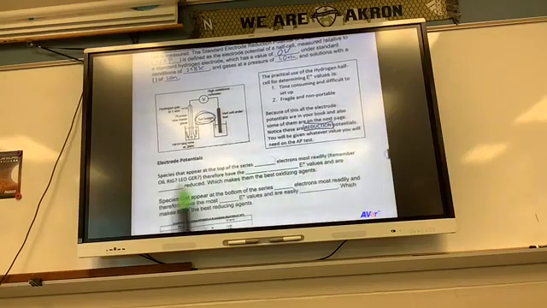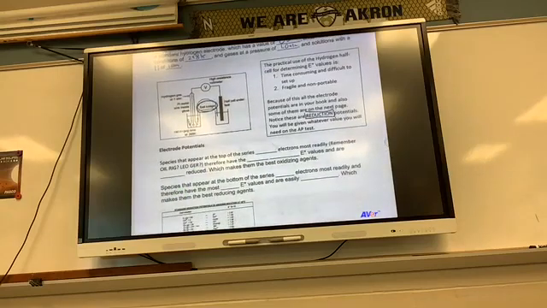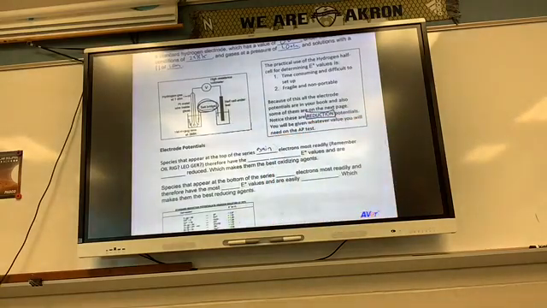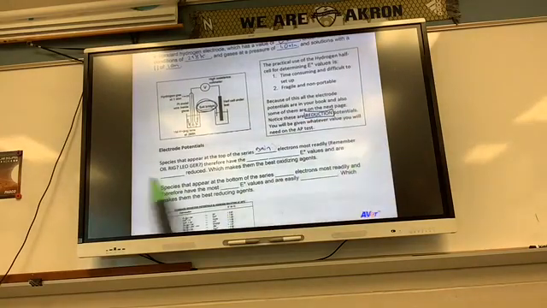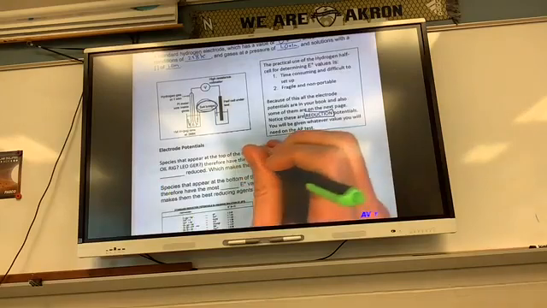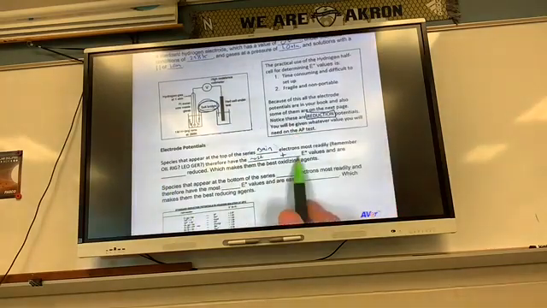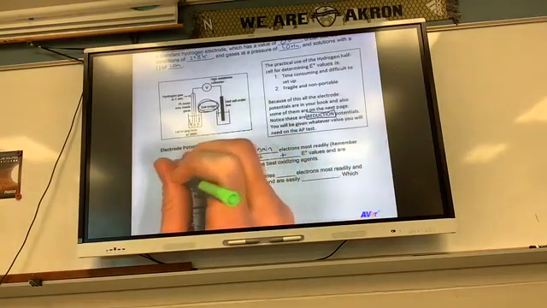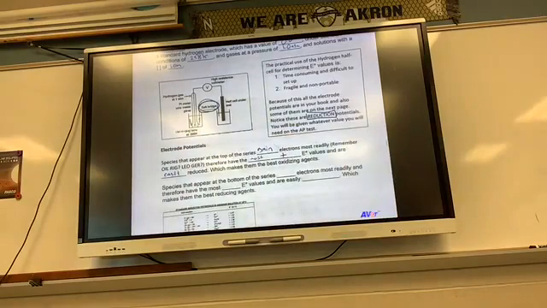Okay. So species that appear at the top of the series gain electrons more readily. So once again, oil rig: oxidation is losing, reduction is gaining. Therefore, those have the most positive E values and are easily reduced, which means those are the best oxidizing agents. So things with the greater E like to gain electrons, which means they're the most easily reduced.